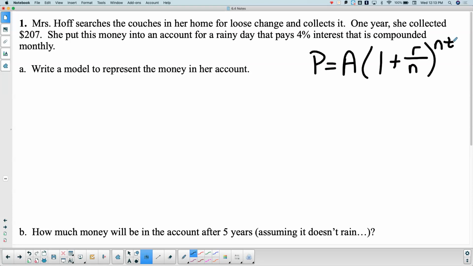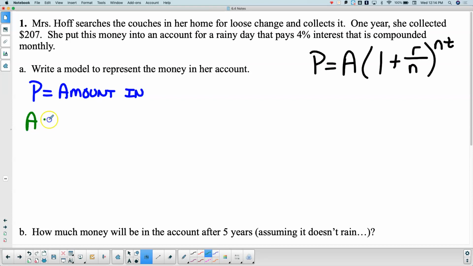So write a model to represent the money in her account. Well, actually, let's figure out what we all have. P is going to be the amount of money. It's kind of what we're looking for. A is going to be the amount she started with.